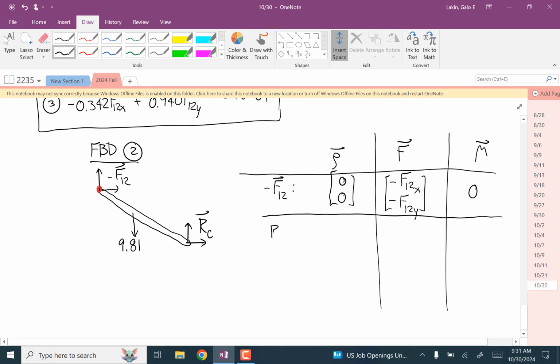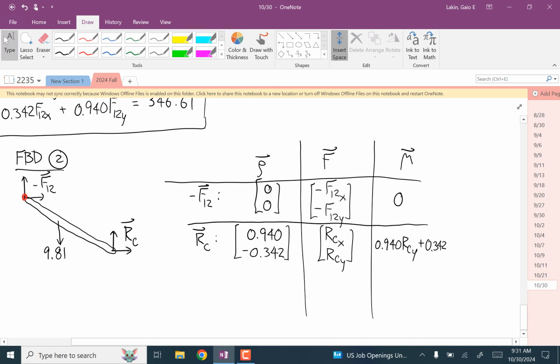Then for RC, we have 0.940, negative 0.342. Force is RCX, RCY. Cross product is 0.940 RCY plus 0.342 RCX.